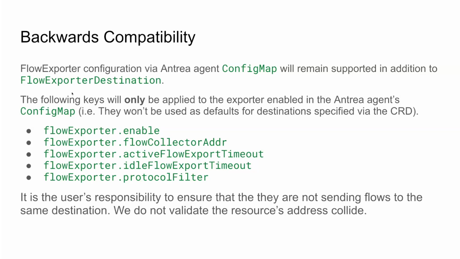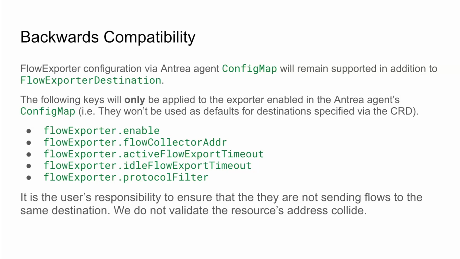And these keys, which already exist in the Antrea config map, are still supported, and they will be used exclusively for the configuration of the exporter in the Antrea config map. They will not be used, for instance, as default settings for the destinations that we create through the CRDs.